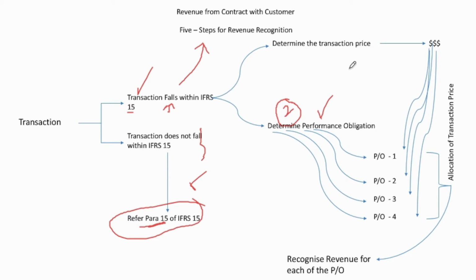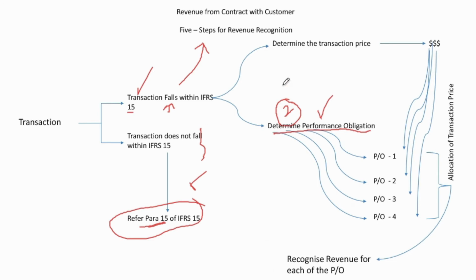IFRS 15 drills down in detail and identifies different performance obligations. When we read performance obligations, there's a detailed lecture on this, and then I can explain in detail what performance obligation actually is. For an understanding, just have an intuition that performance obligation is nothing but what the party has to do to collect the money, what the party has to do to collect the amount that is promised in the contract.